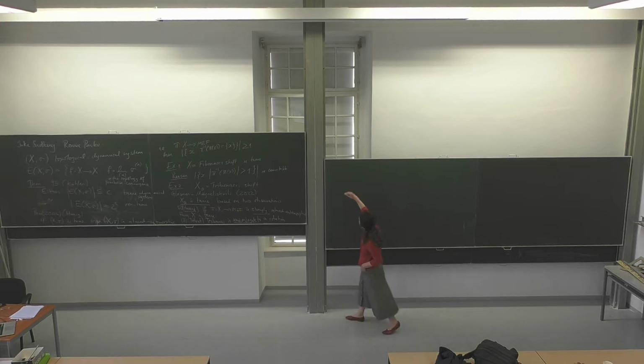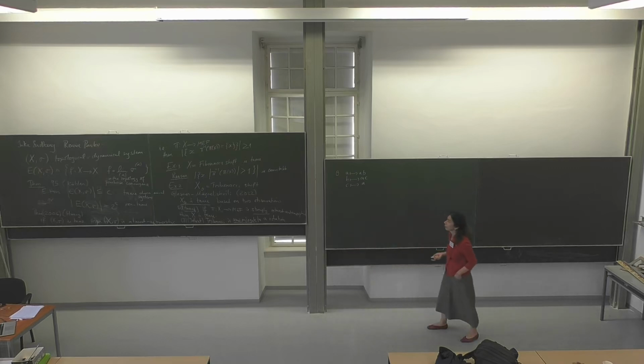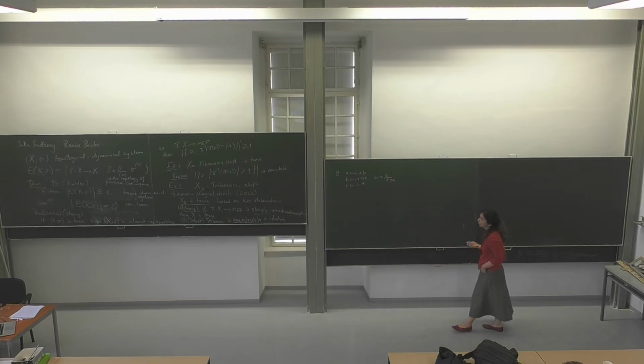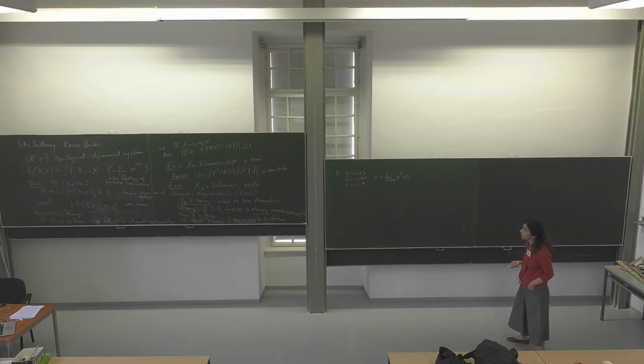Theta is a transformation: A goes to AB, B goes to AC, and C goes to A. And I'm going to work with the one-sided Tribonacci shift. Okay, so there is a unique fixed point. If you can show things for the one-sided Tribonacci shift, then it will also be likely true for the two-sided Tribonacci shift. So I take the infinite word, which is the fixed point, starting with A.